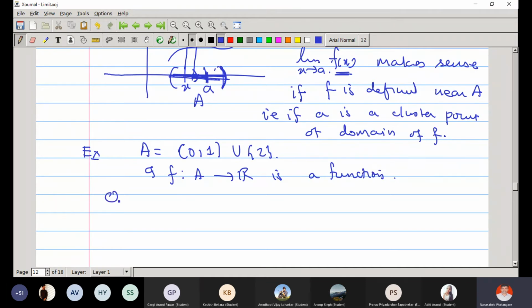Now the question: can we discuss the limit of f at 1? What is your answer?